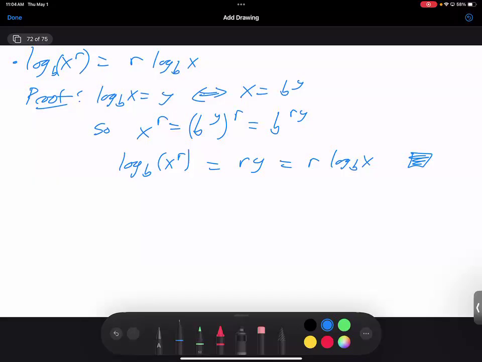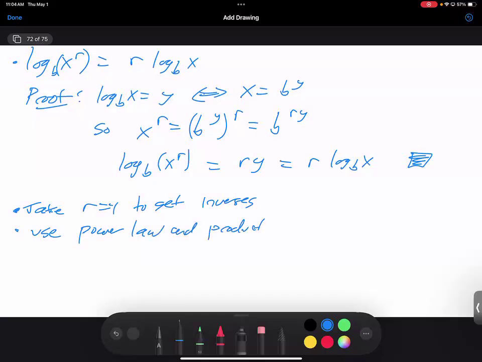Division. So take r equals -1 to get inverses, and then use the power law and product to get quotient.